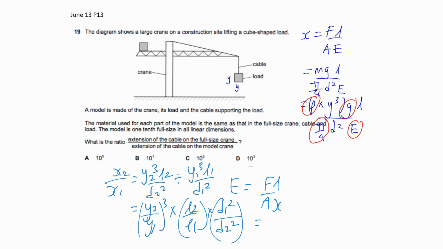Now y2 is the full size, so that is 10 times greater. L2 is also the full size, so over the model is 10 times, but D1 over D2 will be 1 over 10 squared. So in the end, you will get 10 to the power of 2.